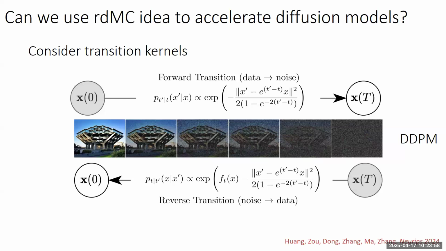And then the reverse kernel is essentially the same as what we talked about in reverse diffusion Monte Carlo. That's the current density function multiplying this Gaussian kernel. Right. So then we can make use of techniques in MCMC to accelerate sampling in this case. So that's how we think about accelerating accurate inference in diffusion models.